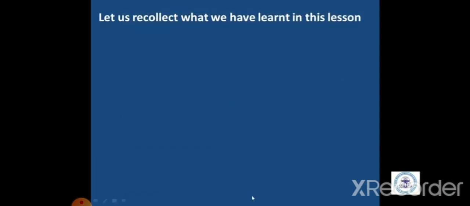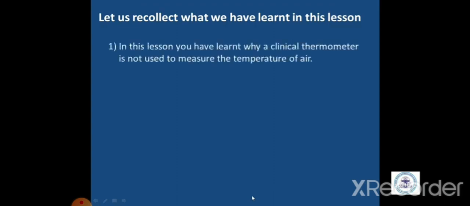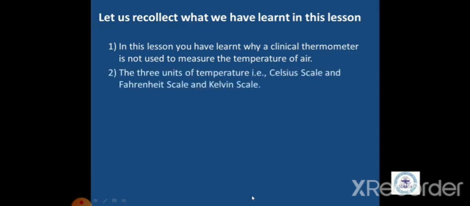So let us recollect what we have learned in this lesson. We have learned why a clinical thermometer is not used to measure the temperature of air. The three units of temperature, that is Celsius scale, Fahrenheit scale and Kelvin scale.